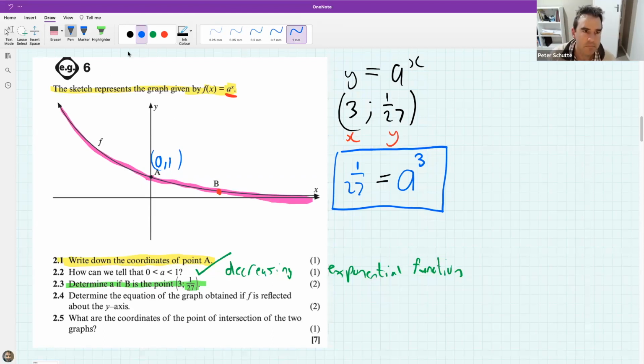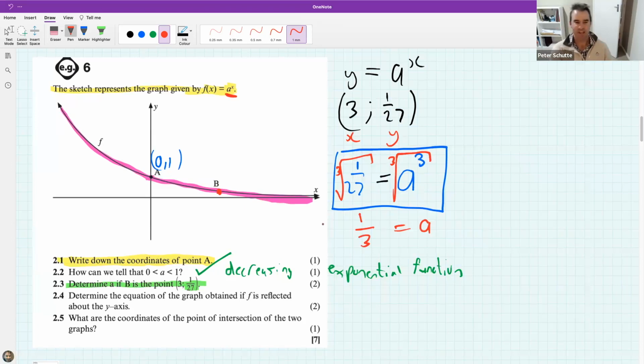It's going to be a cube root, sir. Perfect. Exactly. So you cube root this side, and you cube root this side. And what did you get, Siyabonga? I got 1/3, sir. Perfect.